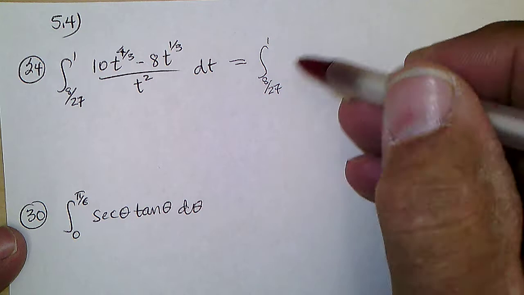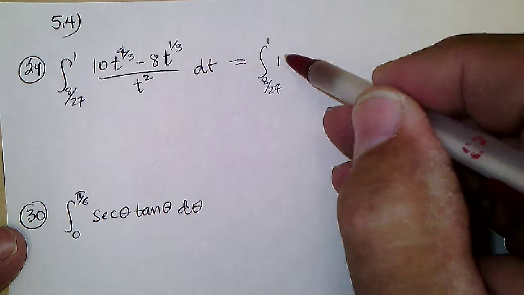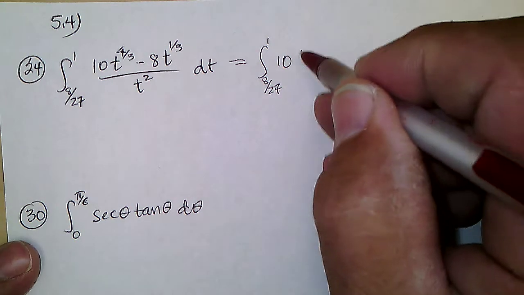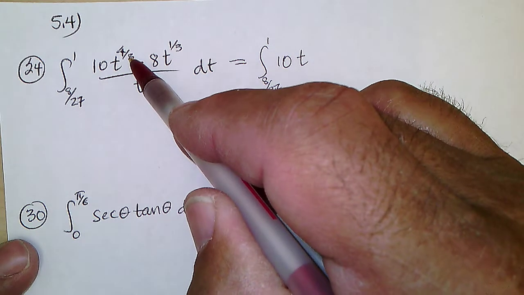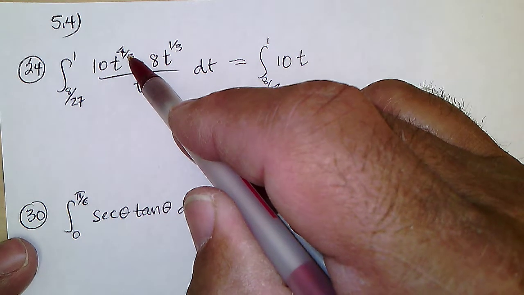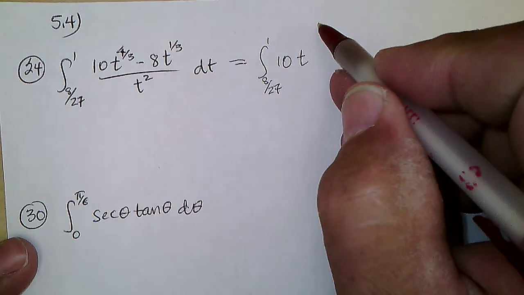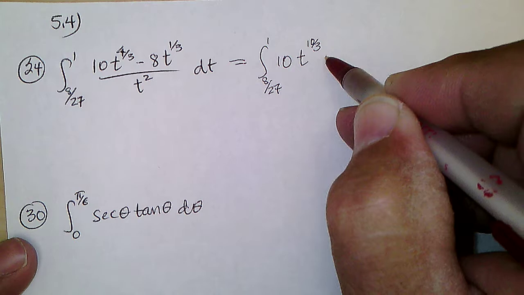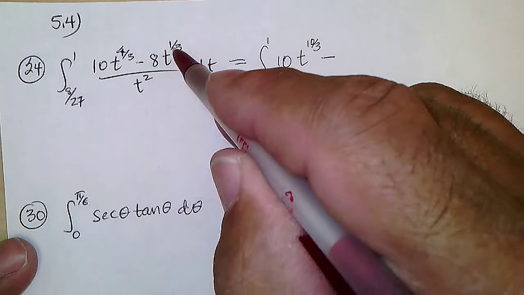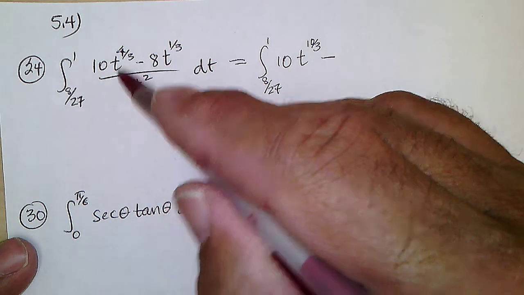8/27 to 1 of 10 t to the, if we're adding a 2 to 4/3, 1 1/3 is going to be 3 1/3, or 10/3, minus, oh, wait a minute, minus 2.